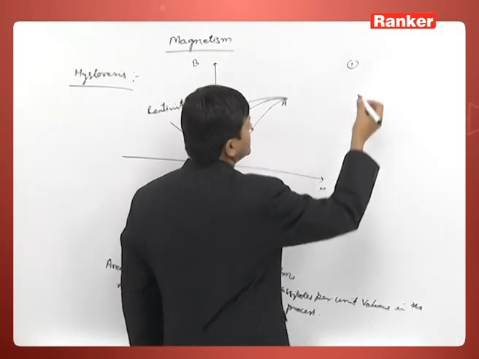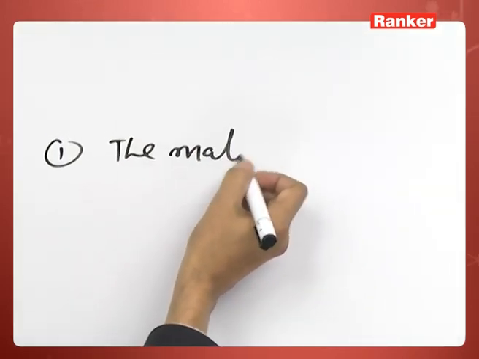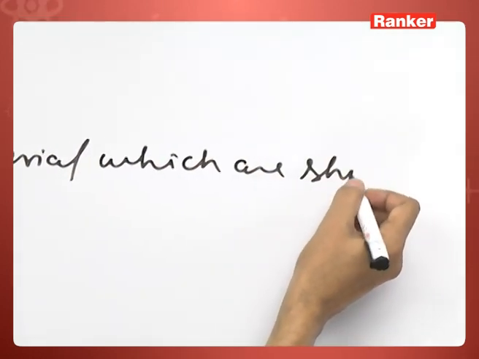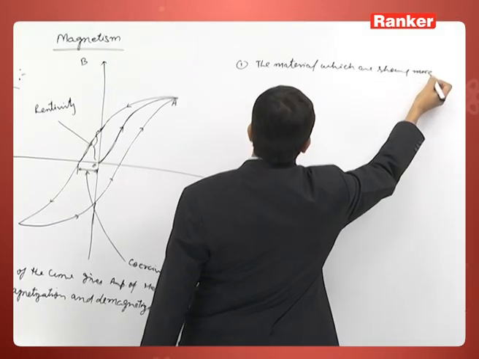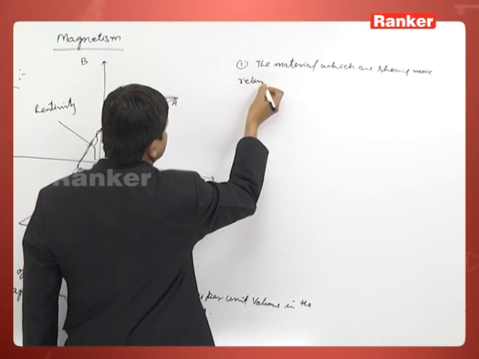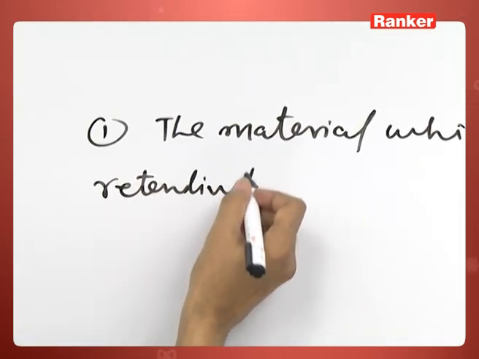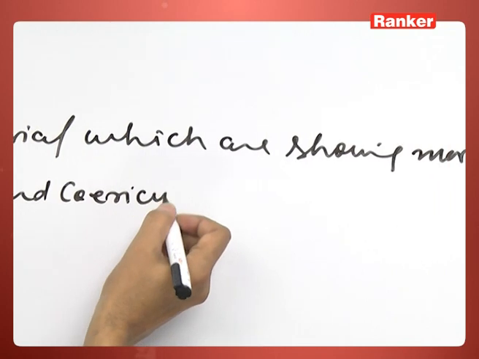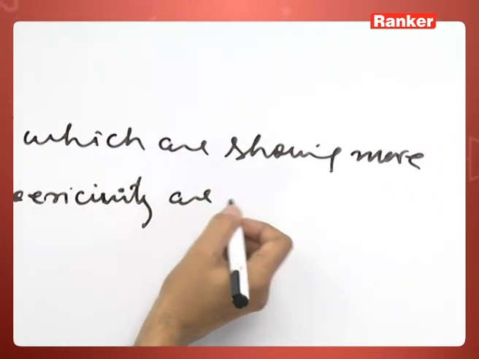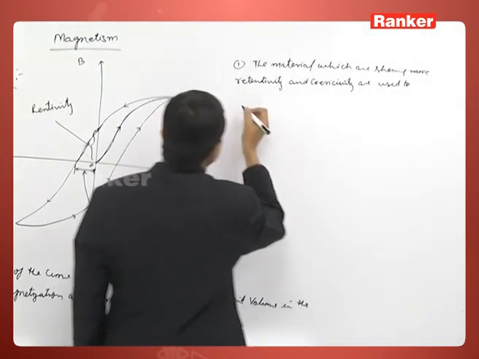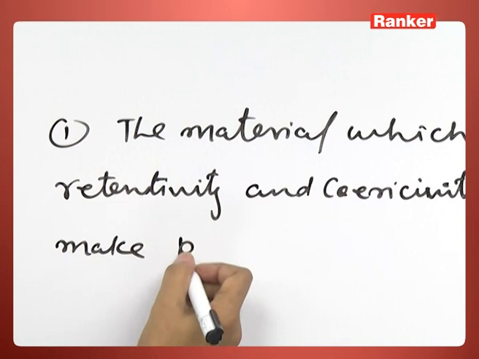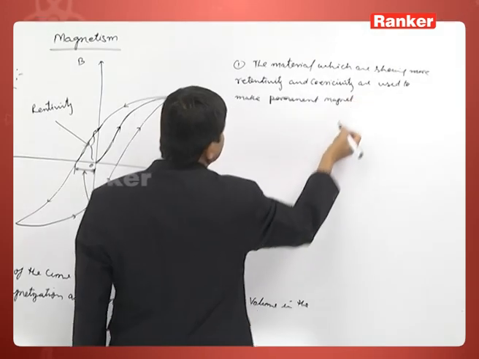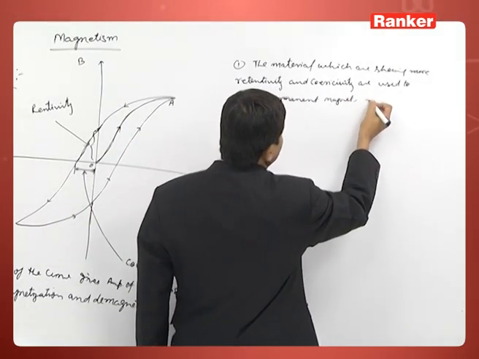First point, we can say the materials which show more retentivity and coercivity are used to make permanent magnets.